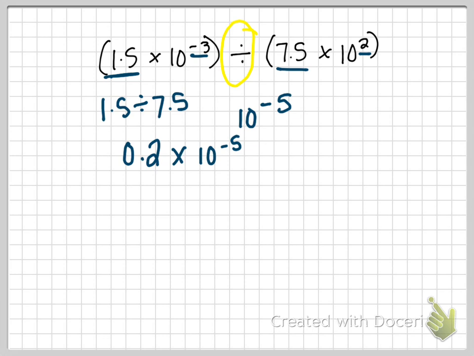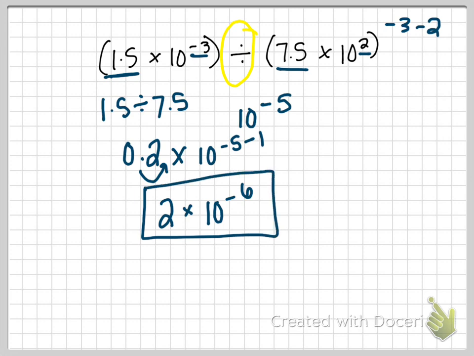Subtract. -3 minus 2. So then wouldn't that be one? No. -3 minus 2. You're going more negative. Like that. -5. Okay, to move this to scientific notation, we've got to move our decimal to the right. And if we move the decimal to the right, we subtract 1 from our exponent. So 2 times 10 to the -6th.